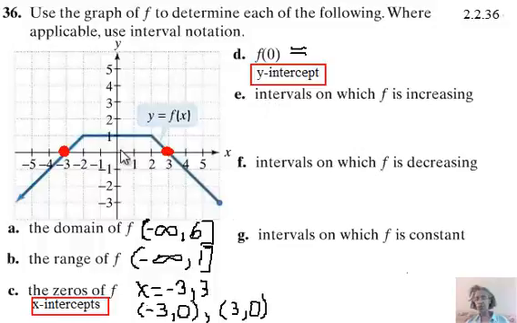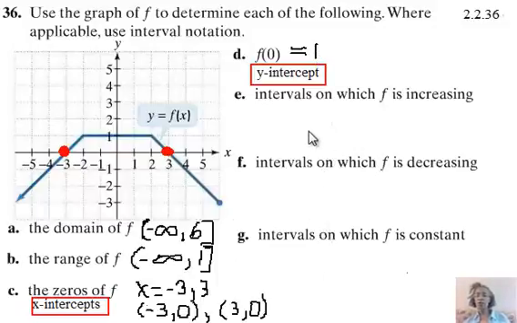So that means if x is 0, the point that has an x coordinate of 0 is going to lie on the y-axis. So a y-intercept is a point on the y-axis. And notice that y-coordinate of that point is 1. So f of 0 is 1.